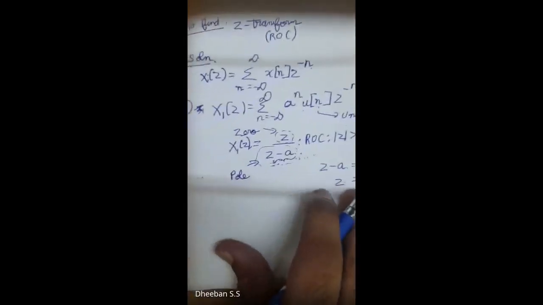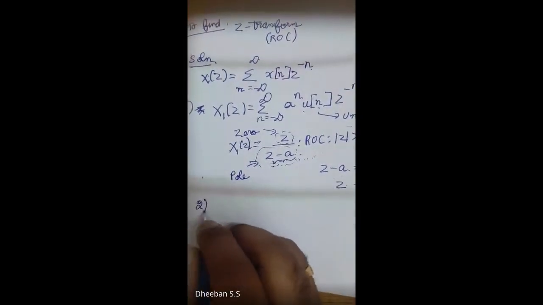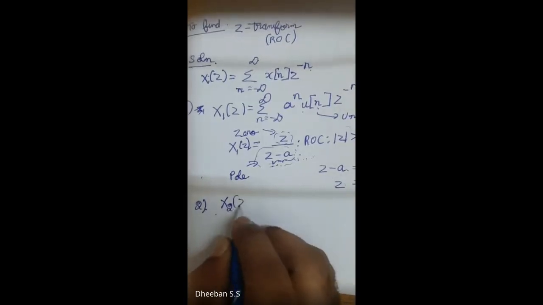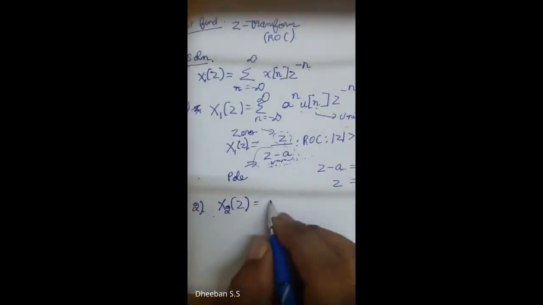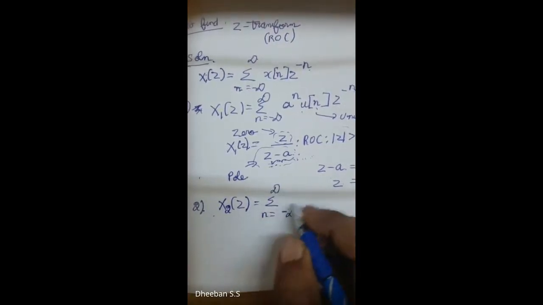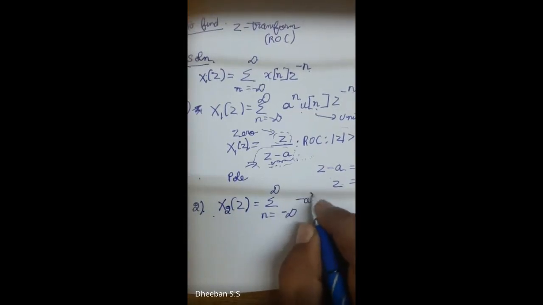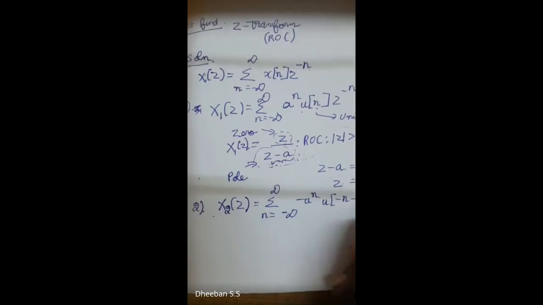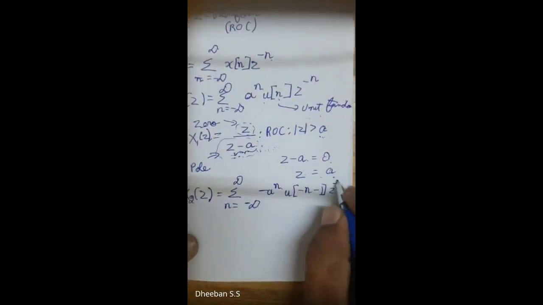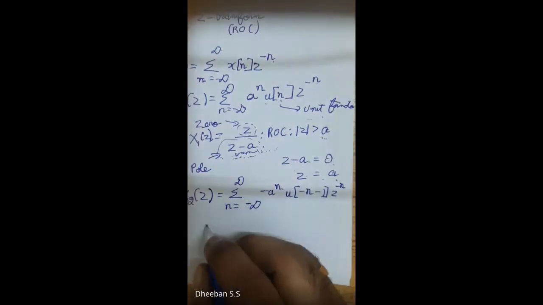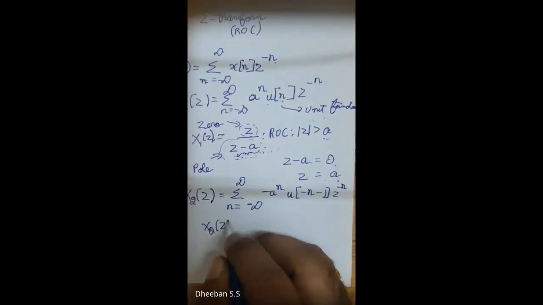But for the second thing, there's a tricky one. The second is x2 of z, the summation from n equal to minus infinity to infinity of minus a power n u of minus n minus 1 into z power minus n. Here also you will get the same value, x2 of z is the same thing.